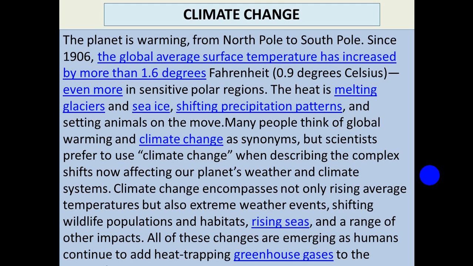Climate change encompasses not only rising average temperatures but also extreme weather events, shifting wildlife populations and habitats, rising seas, and a range of other impacts. All of these changes are emerging as humans continue to add heat trapping greenhouse gases to the environment.